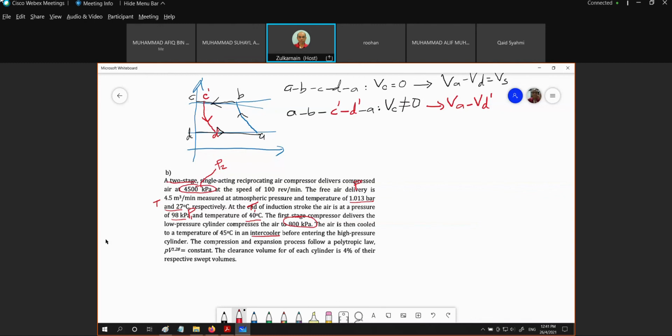So as usual, we have the intercooler. And then the next question that we have to ask ourselves is, is this intercooler complete intercooling? What do you think?